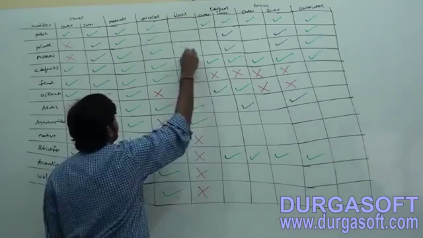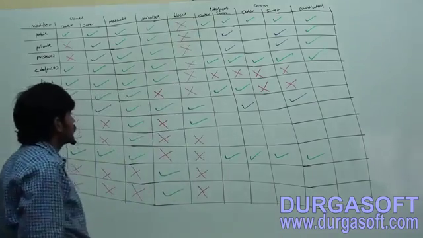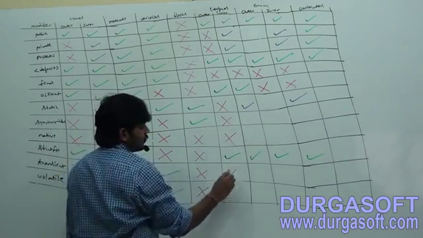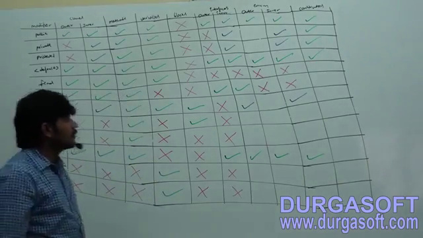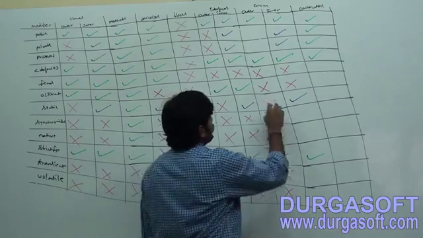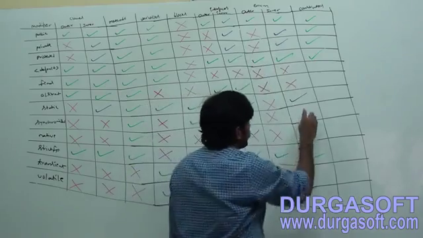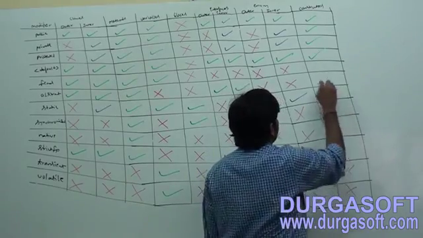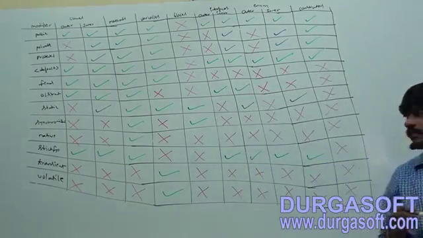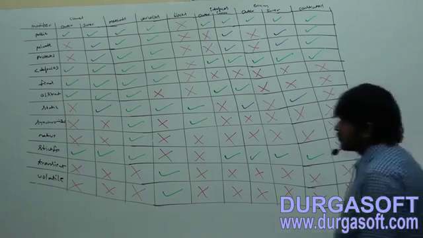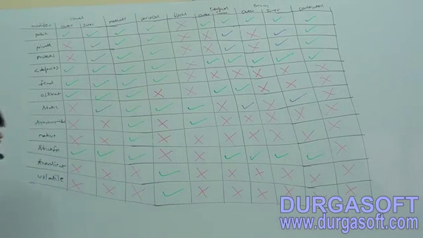Take clearly. That's all. This is a small summary table: whatever modifiers are present in Java, where we can apply them.